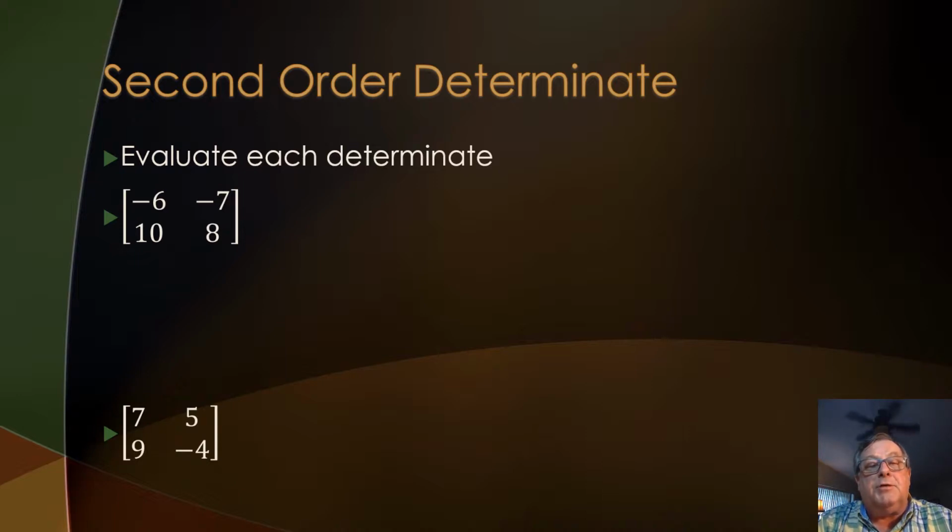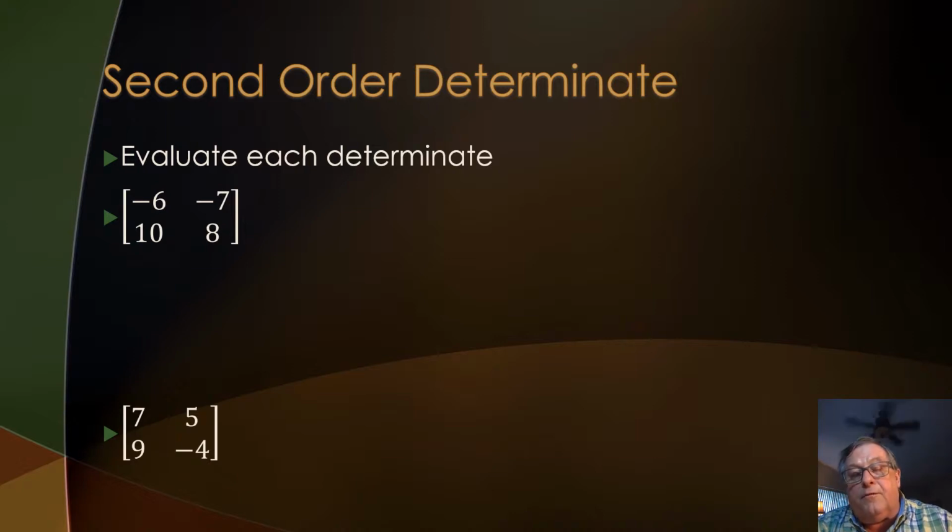In a 2 by 2 matrix, it's probably just as easy, quite frankly, to find the determinant by using the diagonals. But when we get to a 3 by 3 a little bit later, I think you're going to agree that it's a whole lot easier to use the calculator.